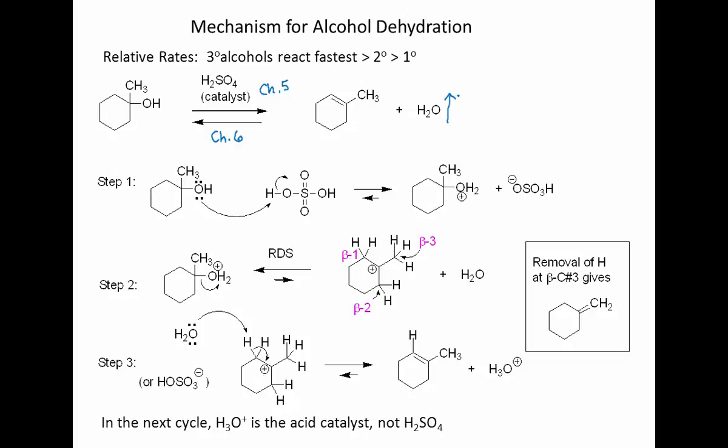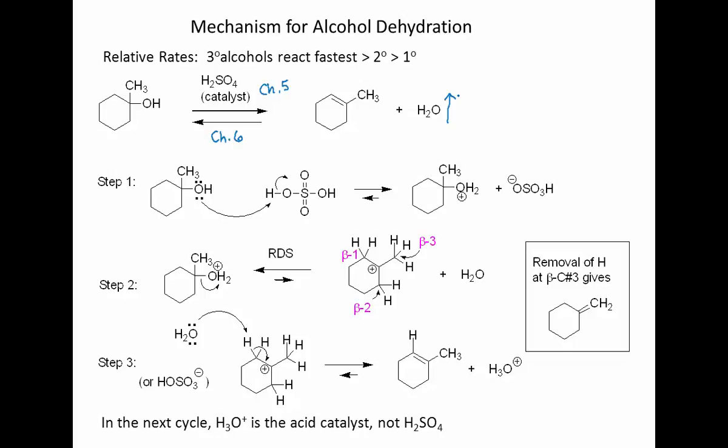Okay, but I'm going to show every step as an equilibrium step to illustrate that principle. Okay, so in step 1, it's exactly like it is in that previous reaction in chapter 4 where it reacted with HBr, for example. We're doing a reversible protonation of the alcohol to produce the oxonium ion. Again, this is just an alcohol substituting for water in the Bronsted-Lowry equation.